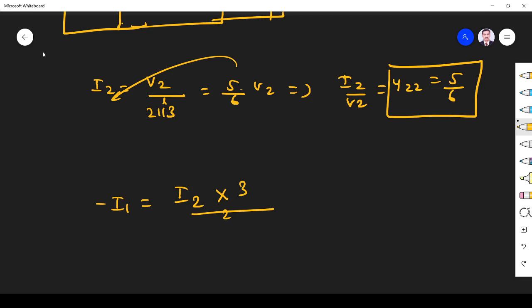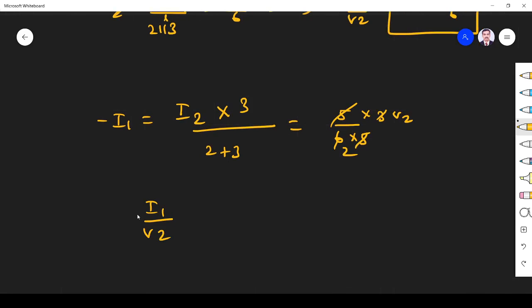What is I2? 5 by 6 V2. Instead of I2, I substitute 5 by 6 V2. 3 by 5 will be there, so 5 by 5 cancels. 1 by 2.